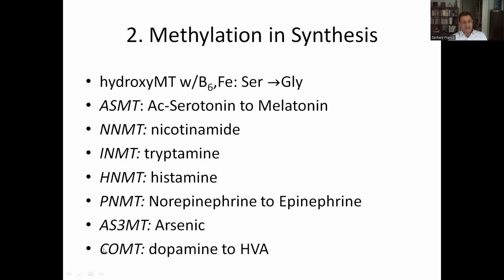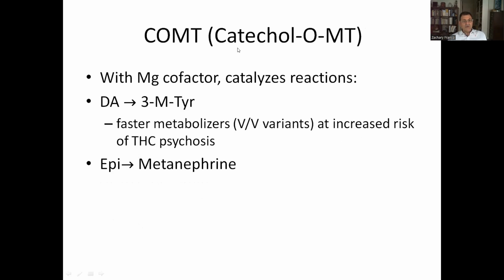COMT stands for catechol O-methyltransferase. Every methyltransferase can either be an N-methyltransferase, attached to a nitrogen, or, as we saw, attach to a sulfur. It can attach to an oxygen as well. So here we go. COMT uses magnesium.